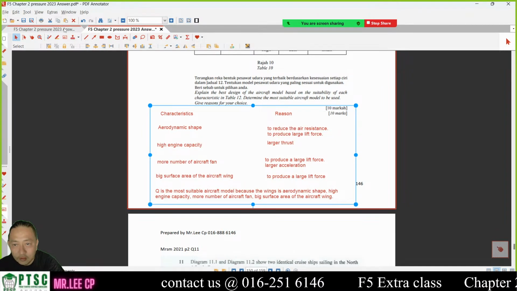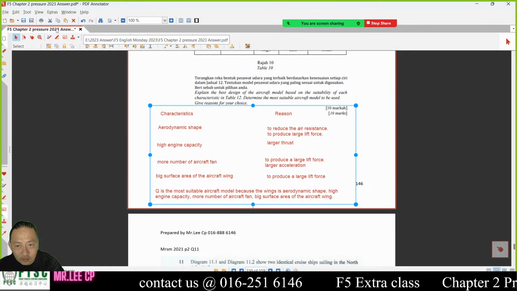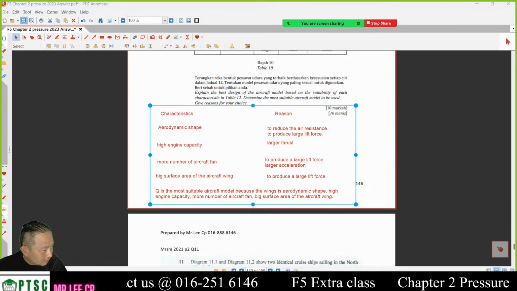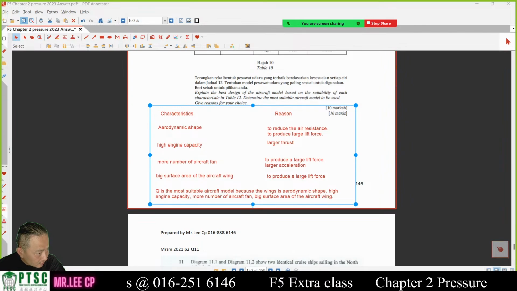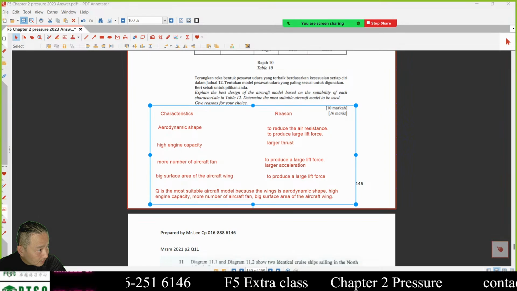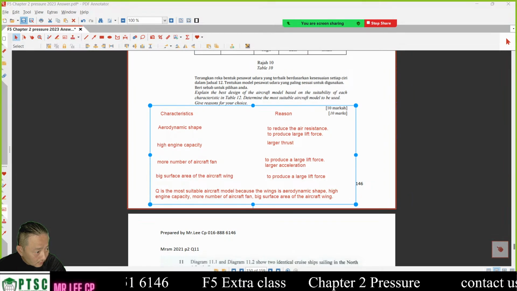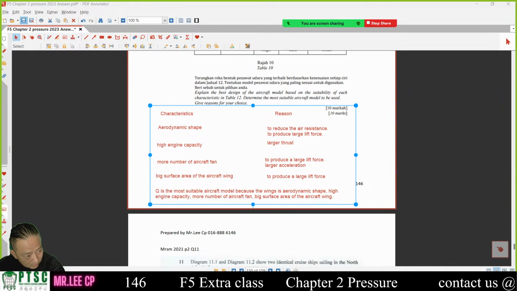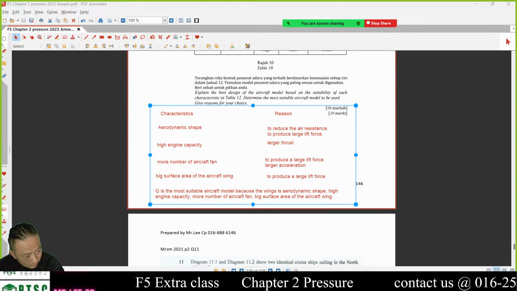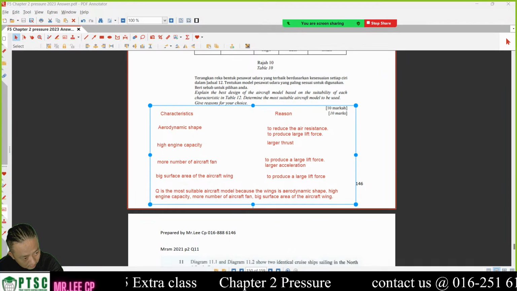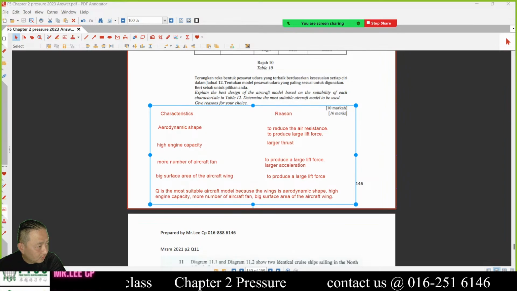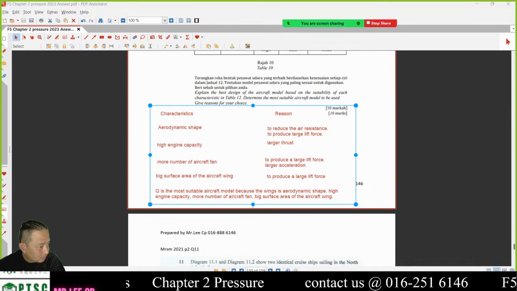Save, Thursday one. And then I will send it into the Telegram group.